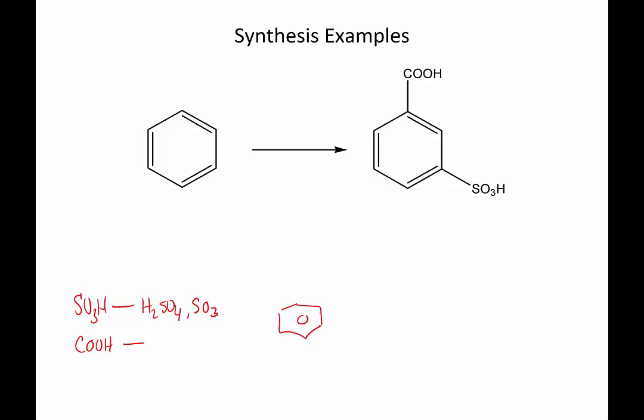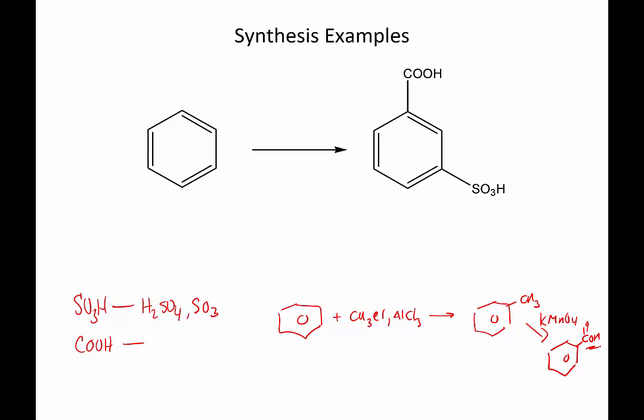You want to take your benzene ring, you want to add methyl chloride, aluminum trichloride, Friedel-Crafts alkylation. I'll put something small on. And then you want to react that with KMnO4. Because you're going to alkylate the benzene ring, then oxidize the alkyl group to make a benzoic acid.